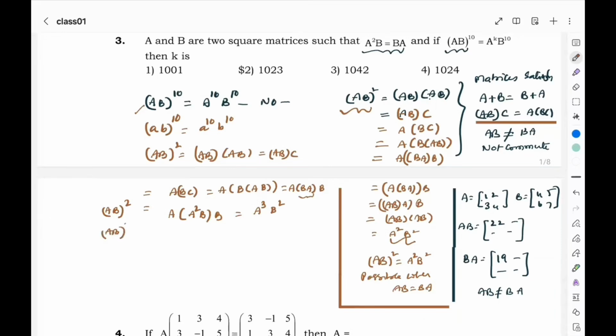AB whole cube, I can write it as AB whole square into AB, which is A cube B square of AB. But still, what form we get, we don't know. Let us further simplify it. A cube B of BA of B, by associative property.